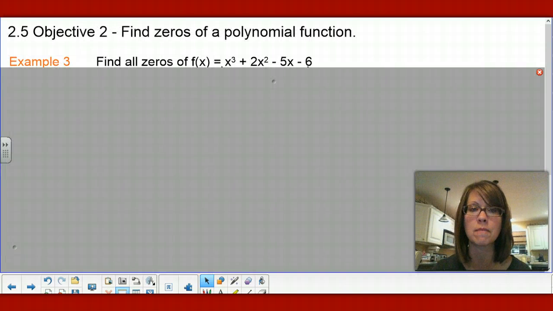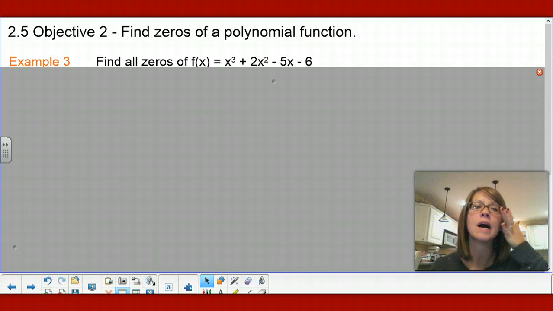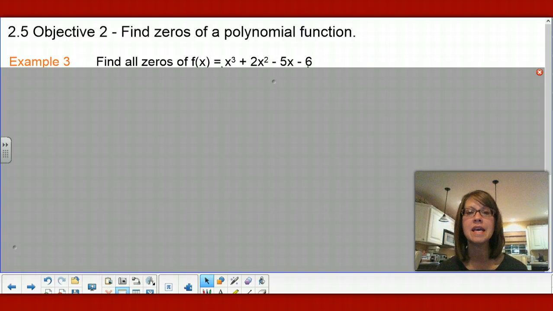If you're still with me, you've done examples 1 and 2 and checkpoints 1 and 2 already. 2.5, objective 2, find zeros of a polynomial function. In section 4, you were given a similar problem, except they gave you this function, f of x equals, and they already told you one of the zeros.